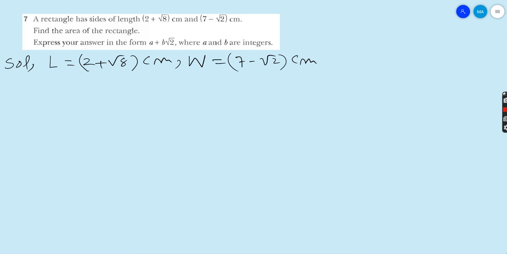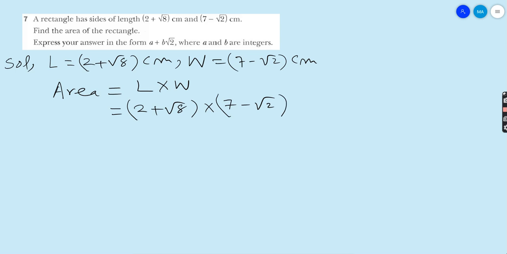Very easy. You know the formula of the area of the rectangle is length multiplied by width. Length is given, 2 plus root 8, multiplied by width, 7 minus root 2. Apply ordinary multiplication.